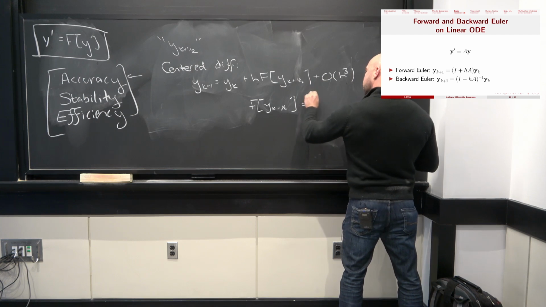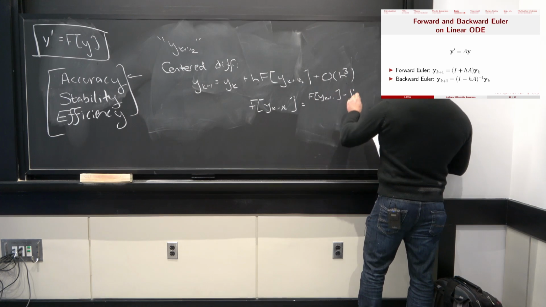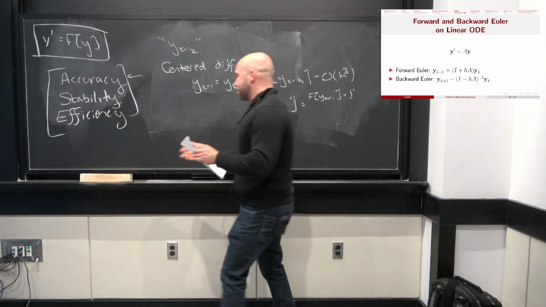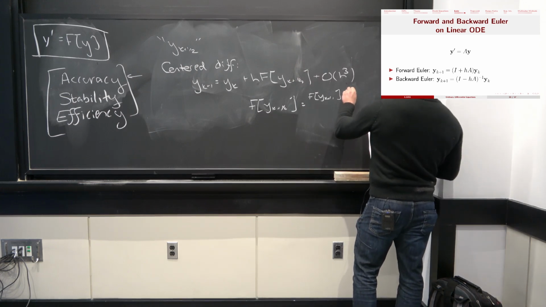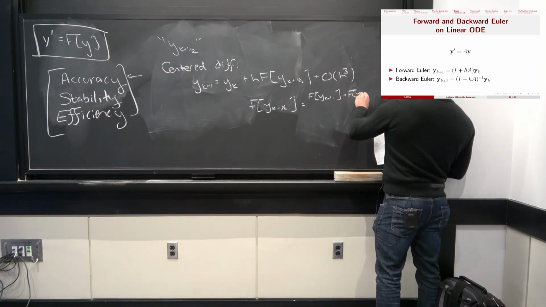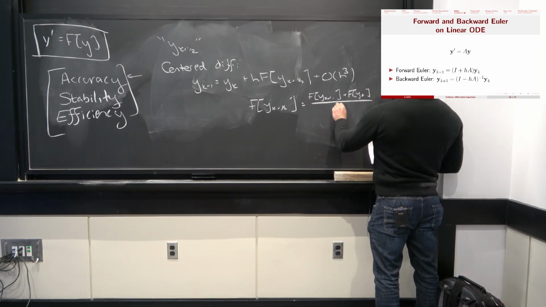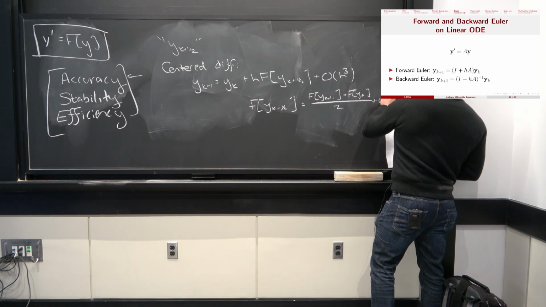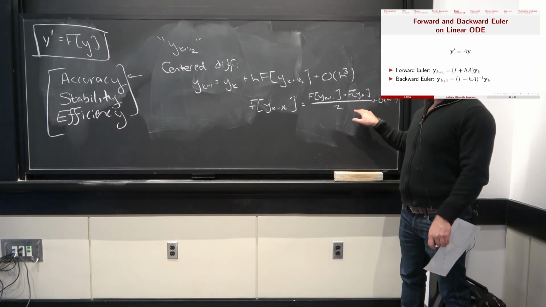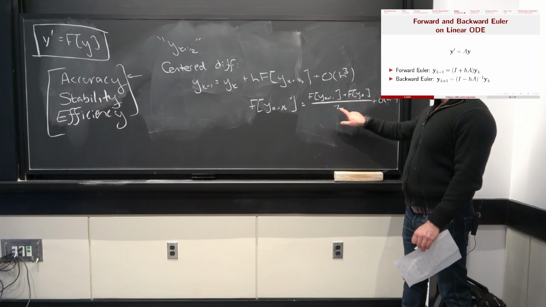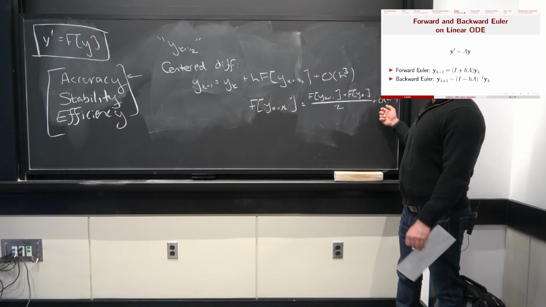So we can say this is f of y_{k+1} plus f of y_k, divided by 2, plus order h squared. You might not remember this from the lecture on the trapezoidal method, but it came from a Taylor series argument. We expanded a Taylor series about this midpoint, and this is the order error that we got.